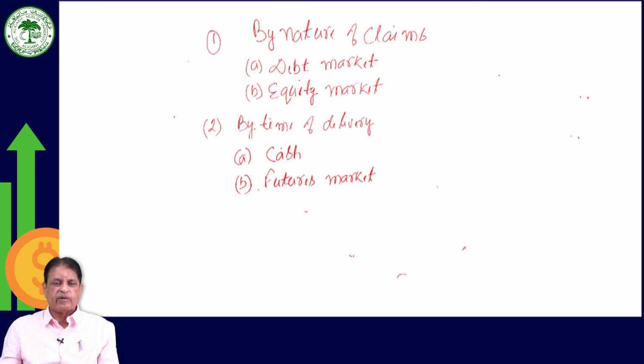In the case of cash, the payment is made in the current time by the buyer to the seller, cash payment. In the case of futures market, the agreement is signed in the present time, but the actual transaction, the actual payment, is made in future. That's why we call it futures market, or we can call it forward market.